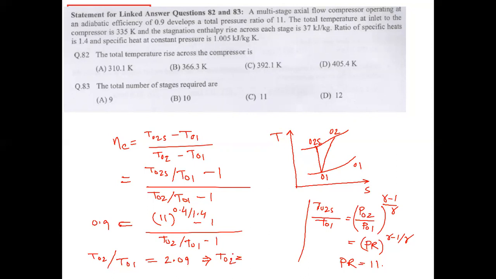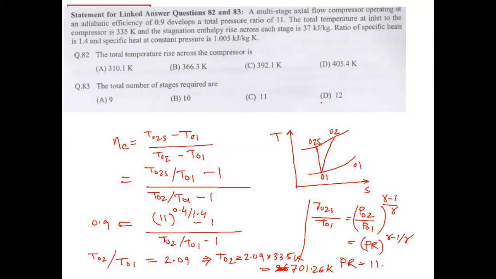Which basically gives TO2, and TO1, the total temperature at entry of the compressor, is given as 335 Kelvin. This is given in the question. So this will be 2.09 multiplied by 335 Kelvin, which is nothing but 701.26 Kelvin.